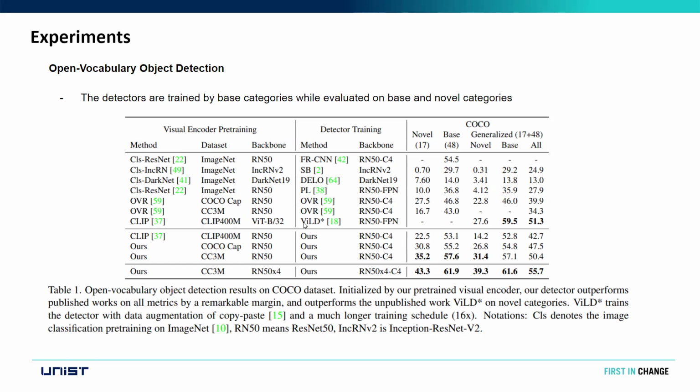And this model, ViLD, is not published anywhere, and they use some kind of very complex training strategy, and that's how they get better results in these categories. But when RegionCLIP changes their backbone and increases the size of the backbone, and then trains for a little bit more, then they get much better results and achieve state of the art in all categories.